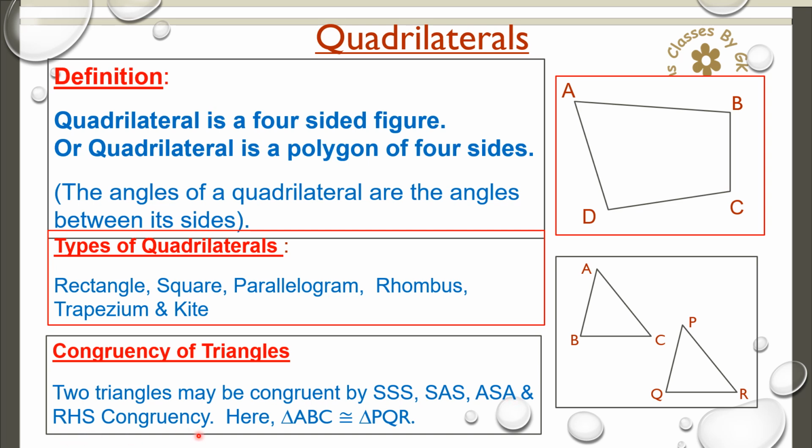RHS congruency, if you take two right triangles, with the angles being 90 degrees each, the hypotenuse, which is opposite to 90 degrees, is equal, and one of the remaining sides is equal in the two triangles, then the two triangles are congruent by RHS congruency. The way we write, this is the symbolic way of writing the two triangles to be congruent.